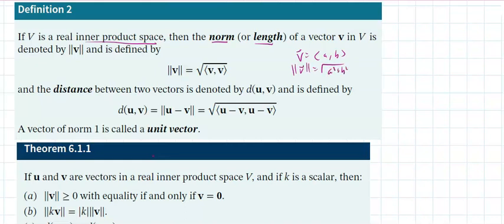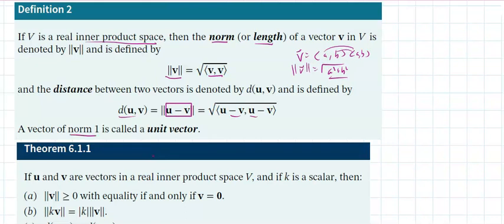Well, now if I want to take the norm of the vector, that is the square root of the dot product of v times itself. And remember how that works. If v is (a, b), then v dotted with v is going to be a squared plus b squared. Nothing new. And the distance, find this first, right? Then dot it by itself, and that gives you the distance.